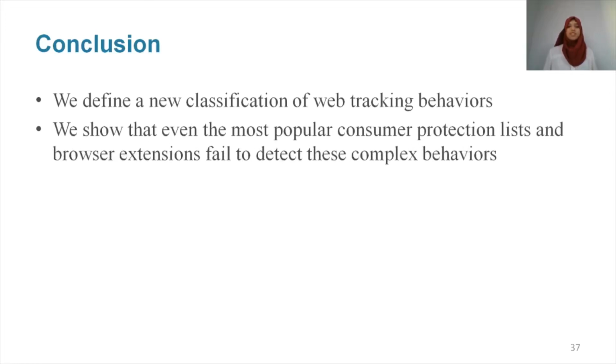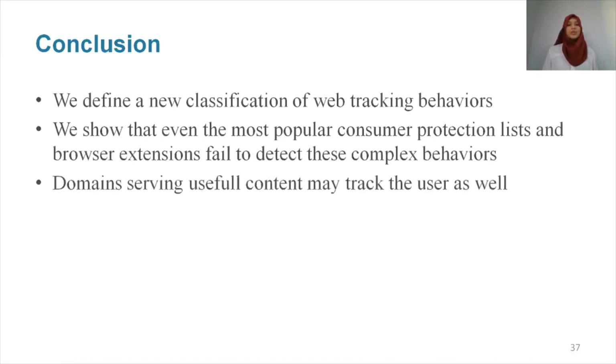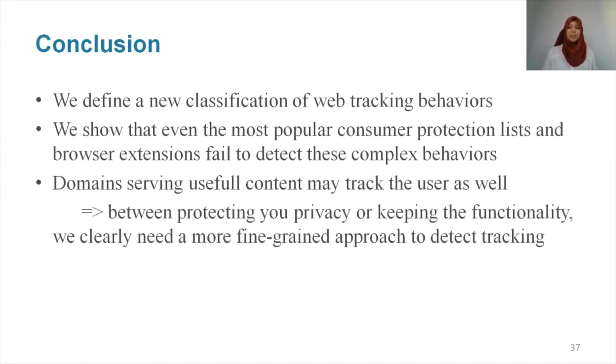We showed that even the most popular consumer protection lists, such as EasyPrivacy or Disconnect, and browser extensions fail to detect these complex behaviors. We also showed that domains serving useful content may track the user as well, which leads to the conclusion that between protecting our privacy and keeping the functionality of websites, we clearly need a more fine-grained approach to detect tracking.